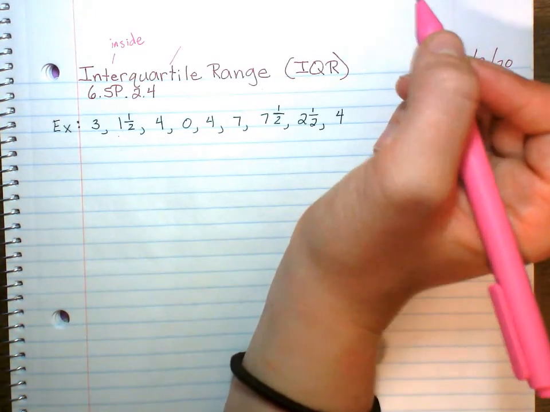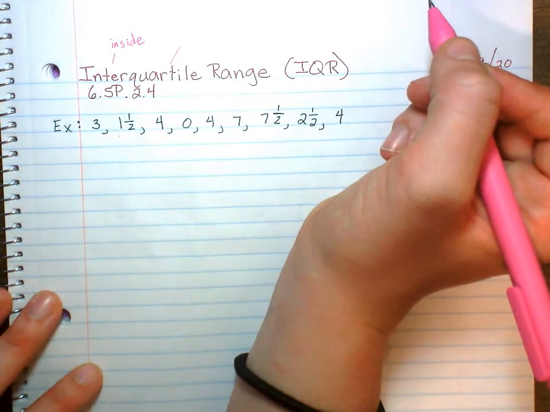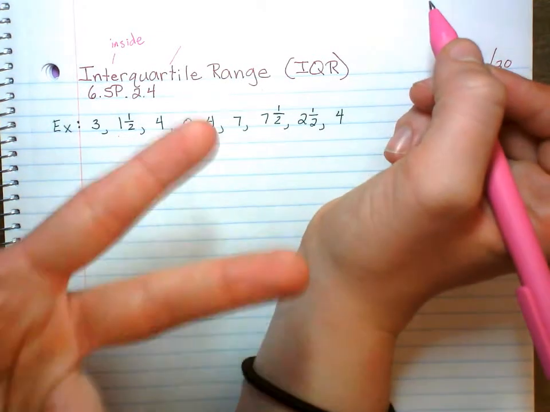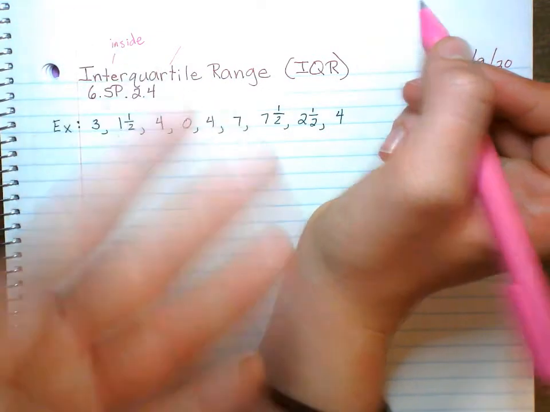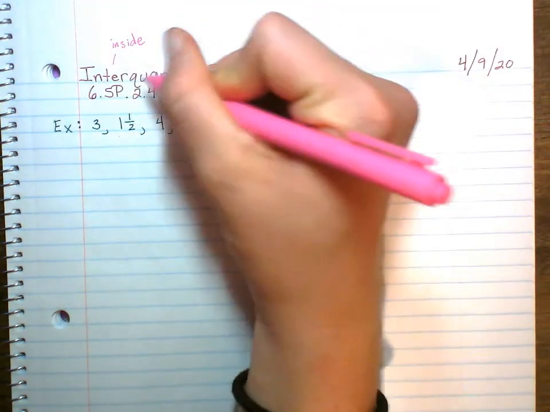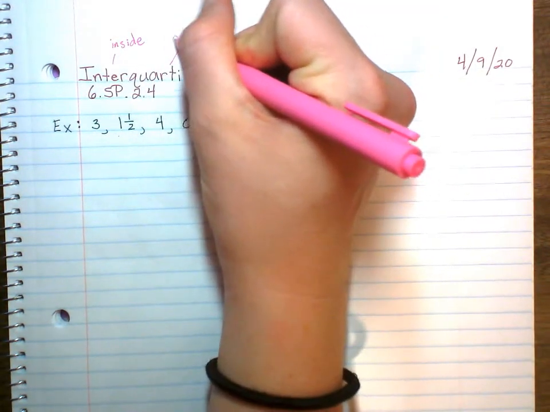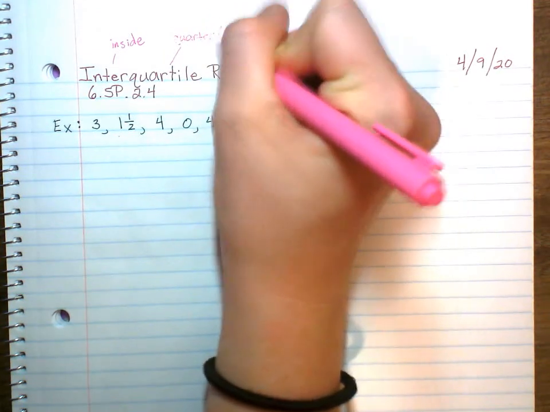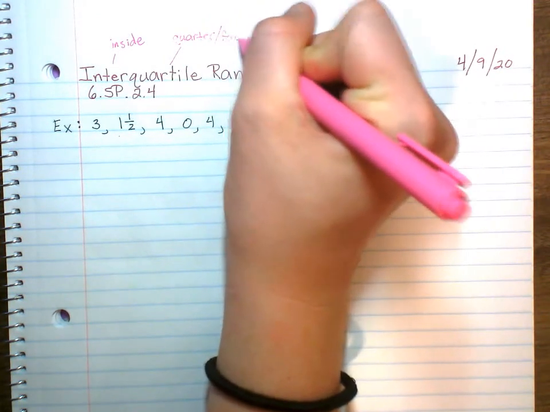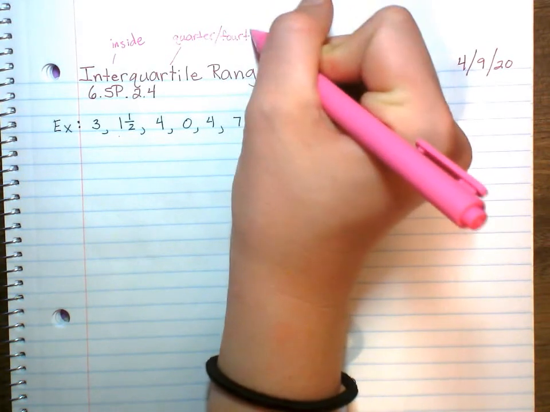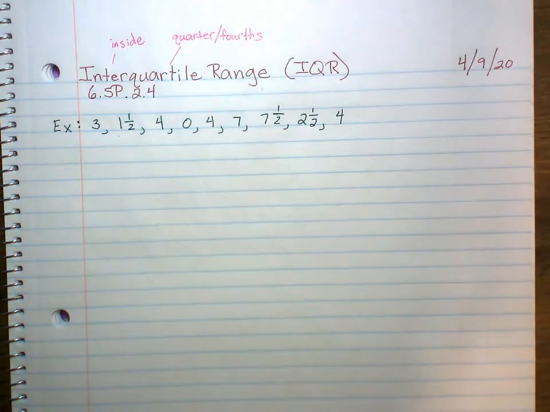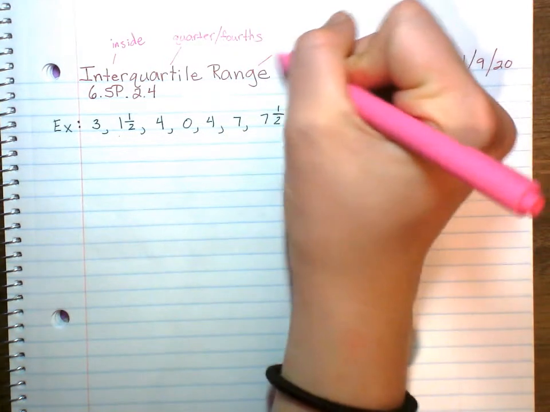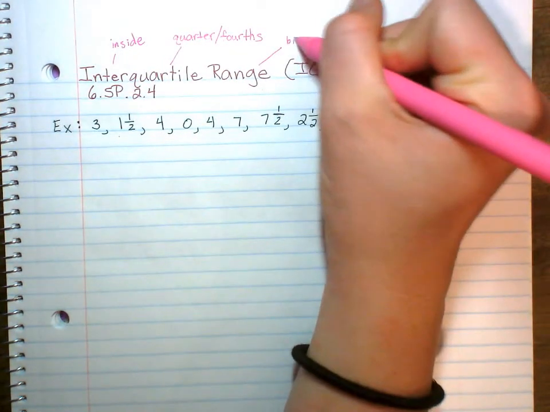How many quarters does it take to make $1? 25, 50, 75, $1. It takes 4 quarters. So it's the inside quarters or fourths. There's 4 quarters. Fourths. So quartile, I think of breaking it into 4 groups, fourths, quarters. And then you find the range. So biggest minus smallest.